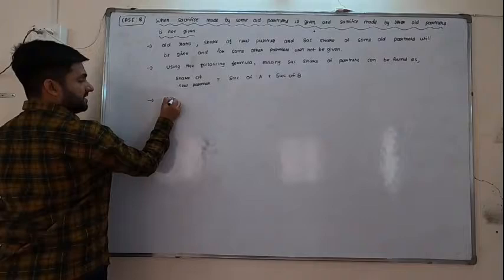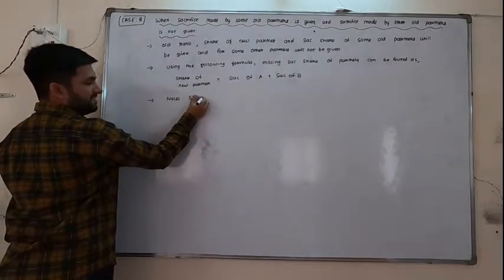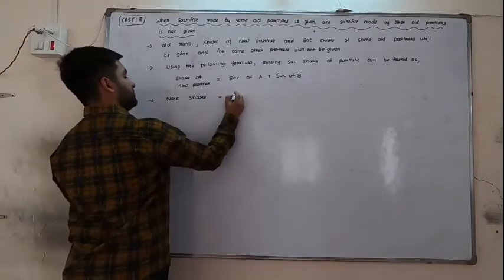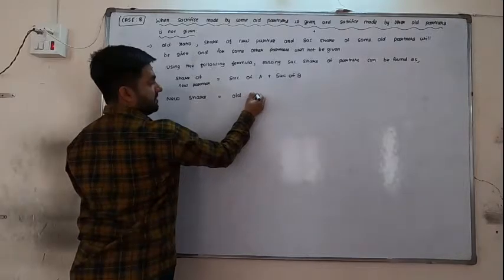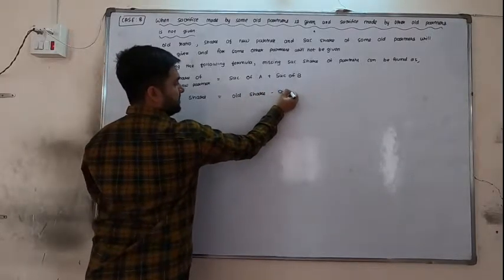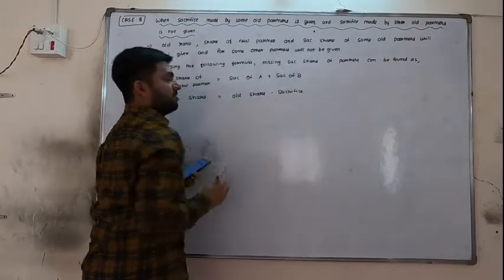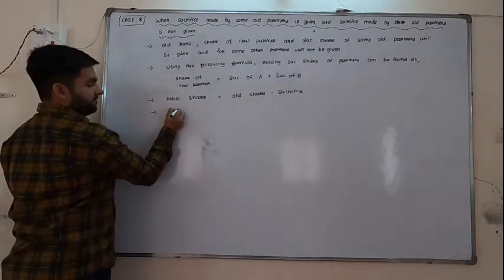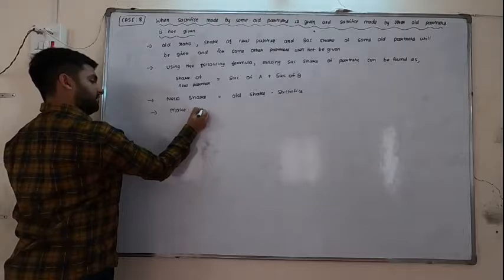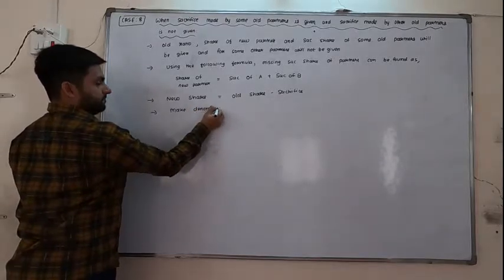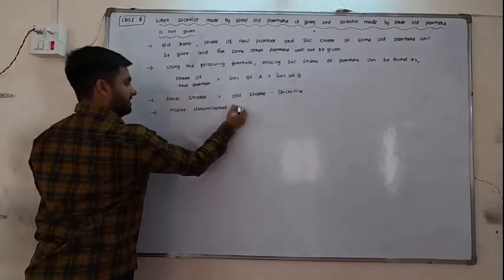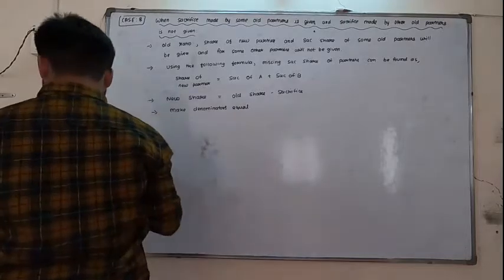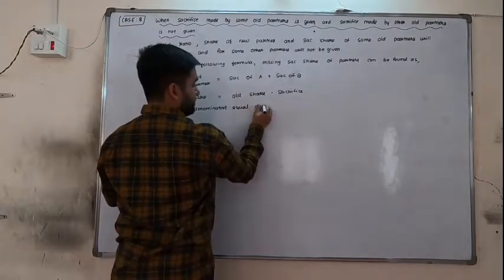After that, as we have sacrifice shares given, it will be like case 6 or case 3. New share is equal to old share minus sacrifice. This thing you always remember, that whenever you have old share and sacrifice share, you can directly find the new share. Make denominators equal and find out the new ratio.